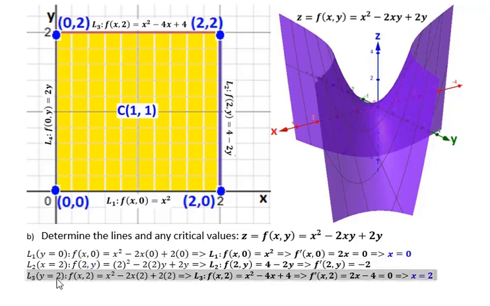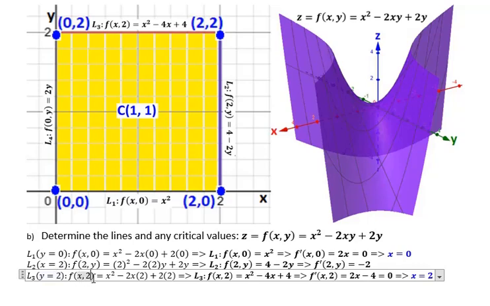The next line is L3. On L3, y is always 2 and x changes from 0 to 2. So this is f of x, 2.